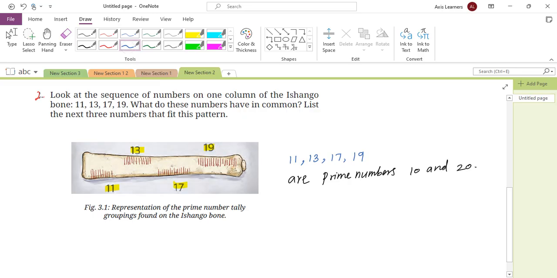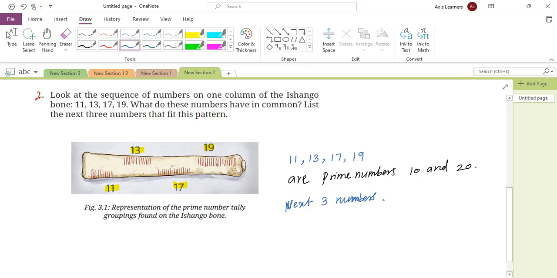Now what do we need to write? List the next 3 numbers that fit this pattern. So these are prime numbers. Already we have 4 numbers, 11, 13, 17 and 19. What will be the next 3 numbers? 19, then 20 is composite, 21, 22, 23.